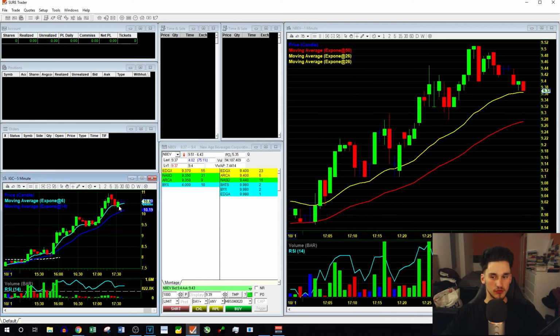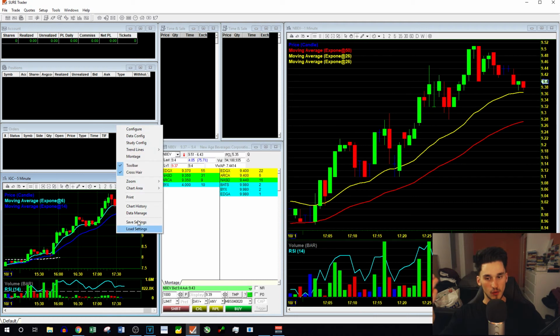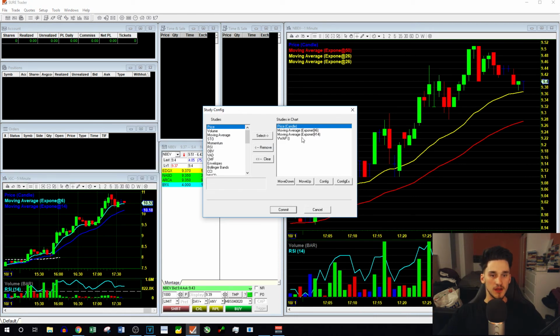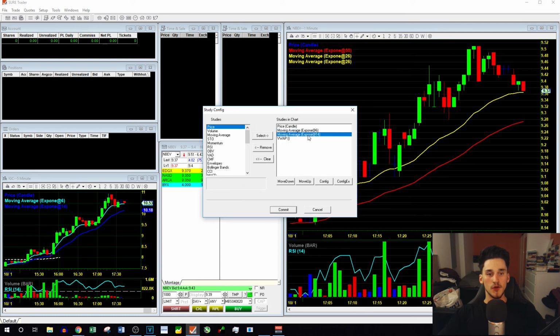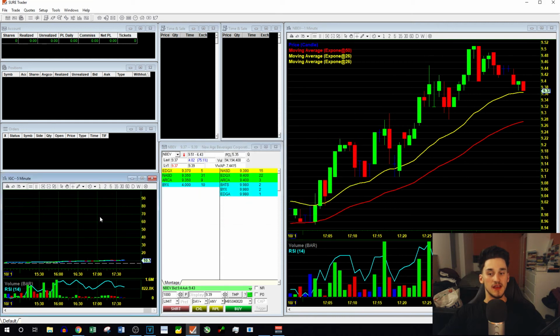Normally you have the titles on the chart. To get rid of the titles, if you want, go on to study config, select the one you want to change, and then go on to config extra, and you can unclick all of these like so and press confirm once done, and then you can see they all go.